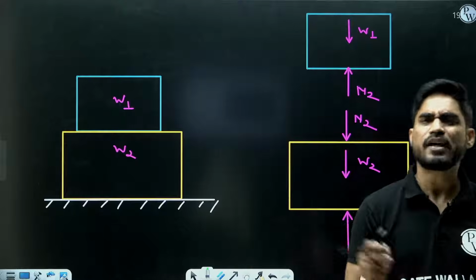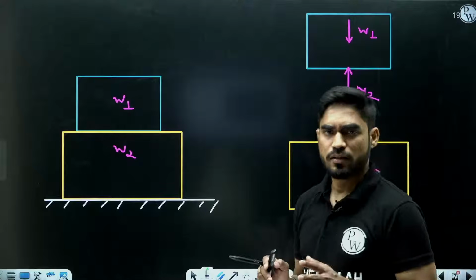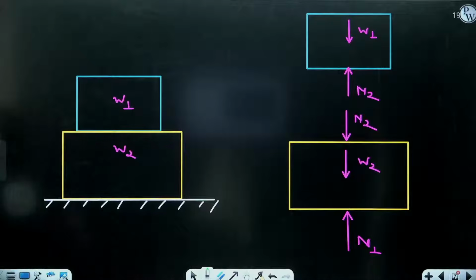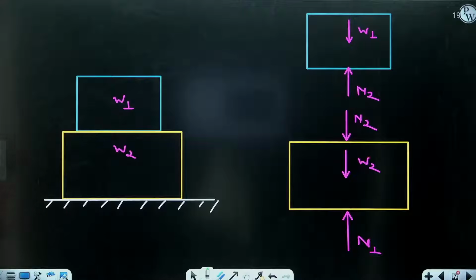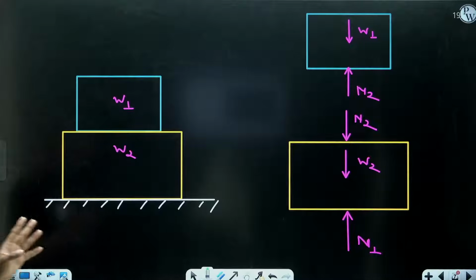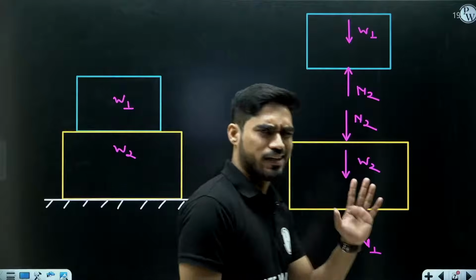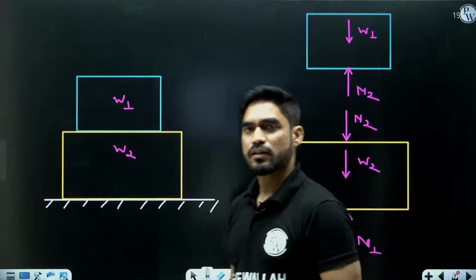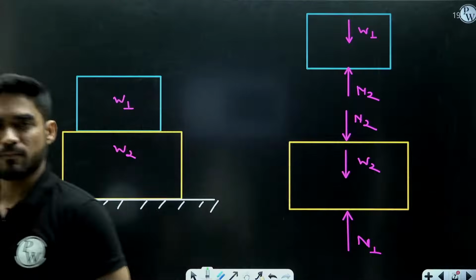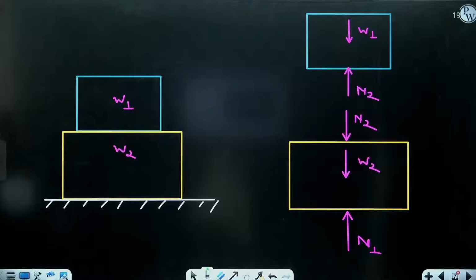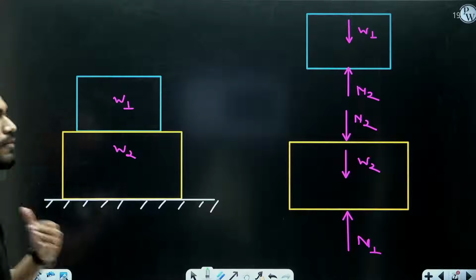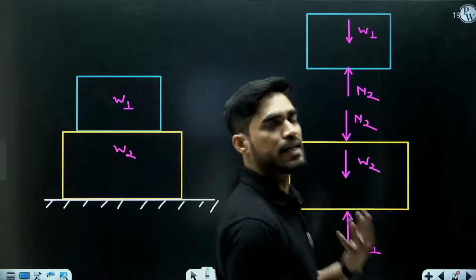There are different types of supports. Okay. So we can divide all types of supports into 3 categories. Whatever type of support there is, we can divide all these types of supports into 3 categories. One by one, we will see in which category what forces will be developed as a reaction force.